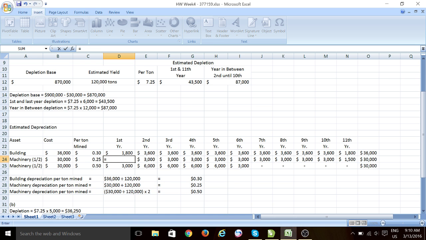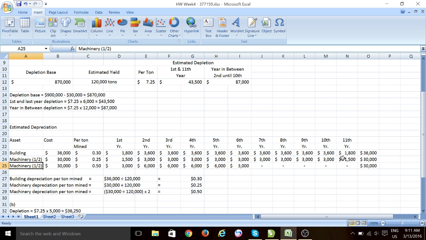To get the first year depreciation, 0.25 times 6,000, we got 1,500, and then for the second year times 12,000, we got 3,000, and so on until the 10th year, and then again times 6,000 for the last year. We got 1,500. If we sum them up again, just like before, we will have the same value as the cost. Okay, we got 30,000.